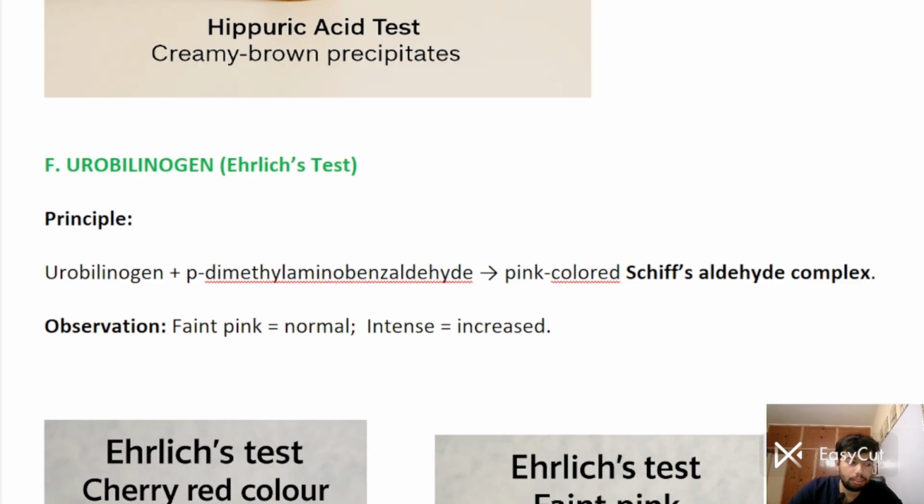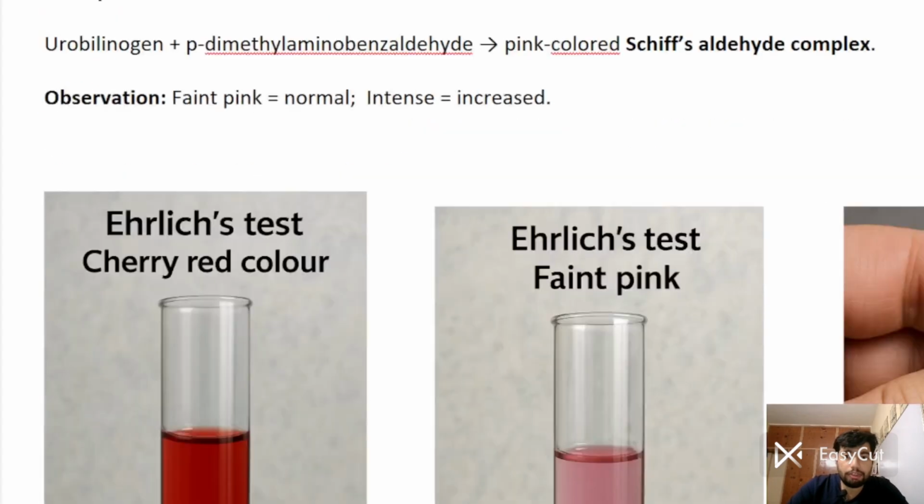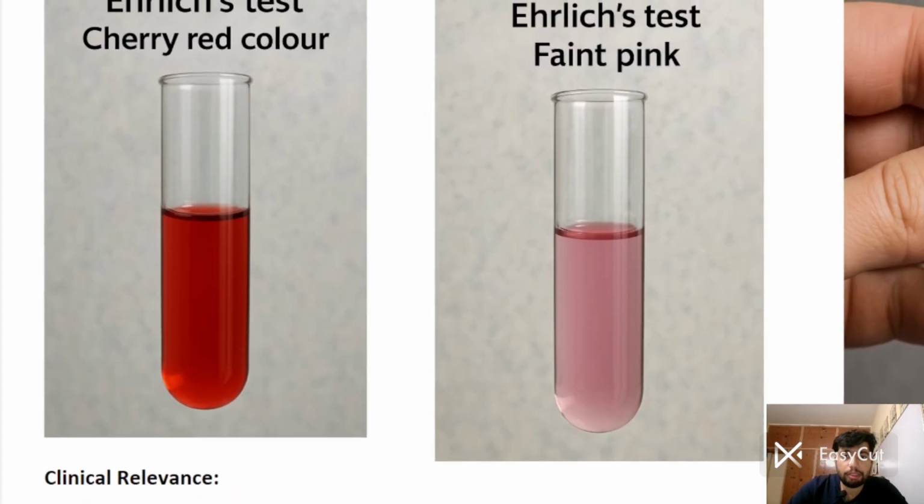When urobilinogen is combined with para-dimethylaminobenzaldehyde, it forms a pink colored Schiff aldehyde complex, which normally presents as a faint pink color. Whenever urobilinogen in the urine is increased, this leads to a very bright red complex. You can see in the first picture a very bright color complex, so it is a strongly positive test.